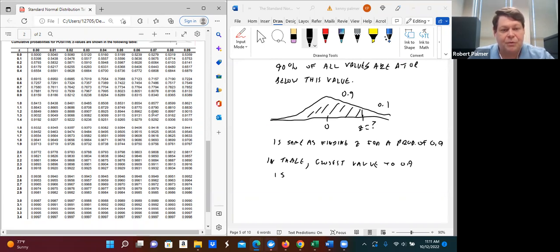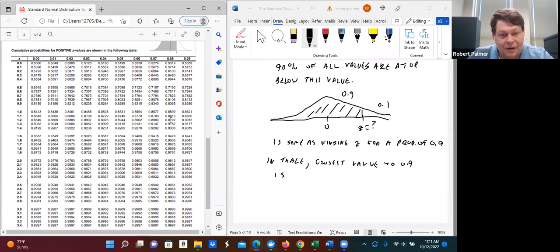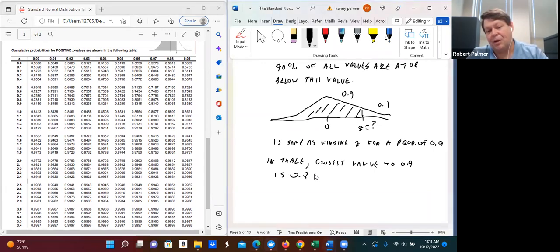Okay, so we're zoomed in. So 0.898, 0.8997, 0.9015. The closest one is right here at 0.8997. It's only different by 0.003. And look at the z-score that goes with that. Come over here to the row.